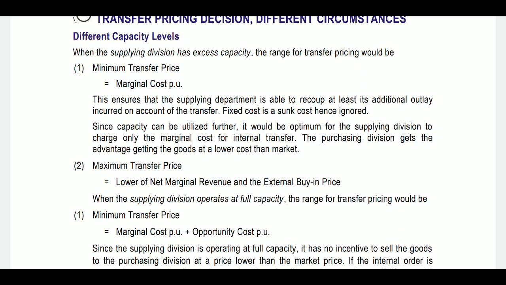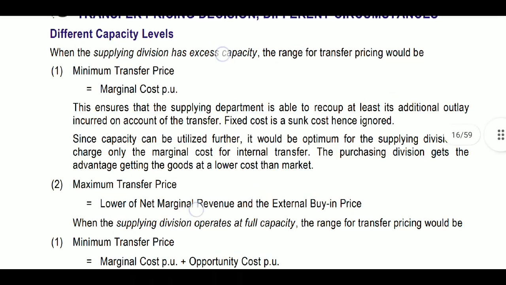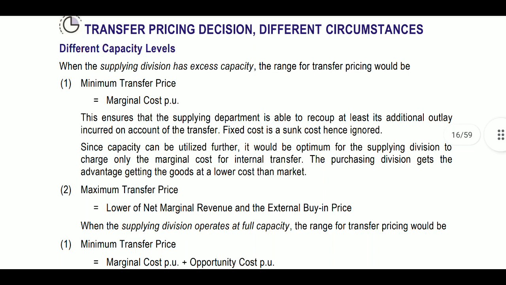In the first case we will not add any opportunity cost, because the supplying department is able to recoup at least its additional outlay. The mindset here is that we will get at least the additional outlay, so we will not add any opportunity cost.